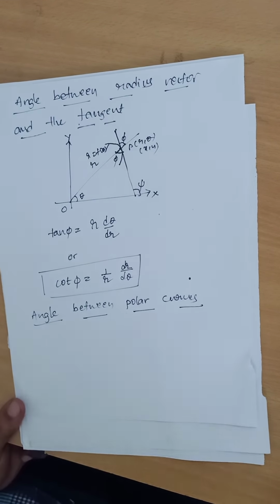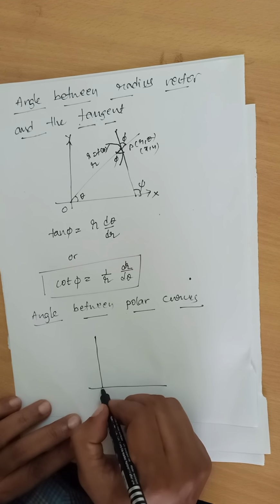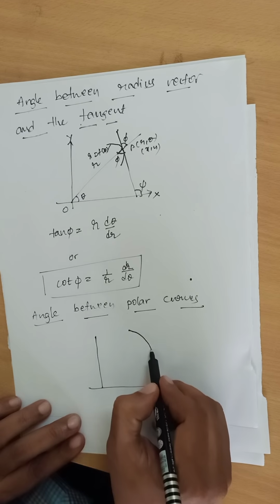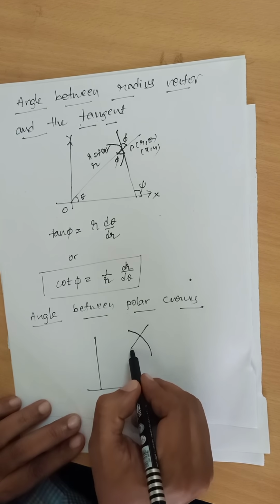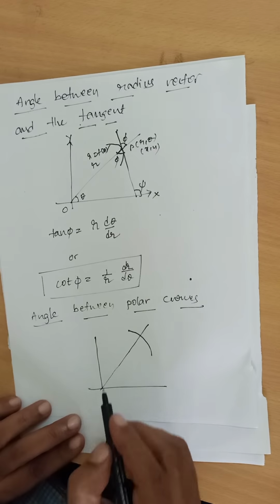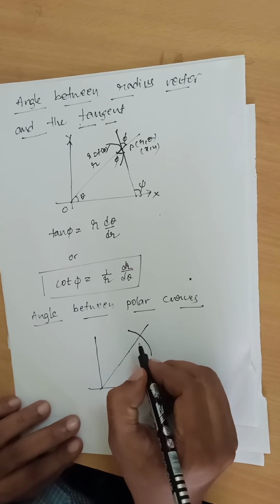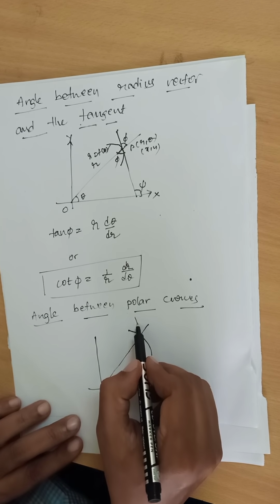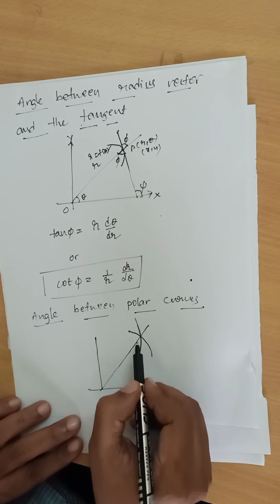With the help of a figure, you draw a polar curve making an angle. This is the radius vector and another polar curve.